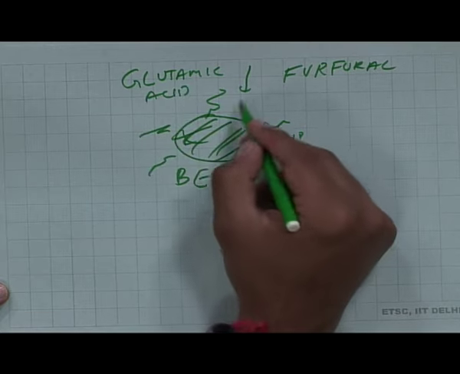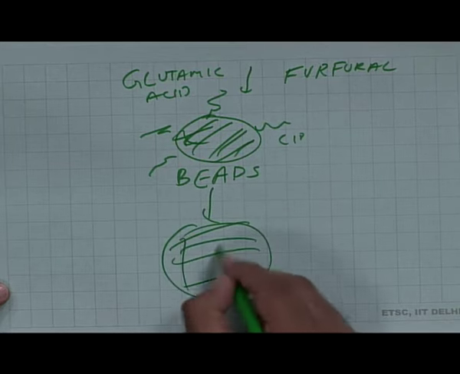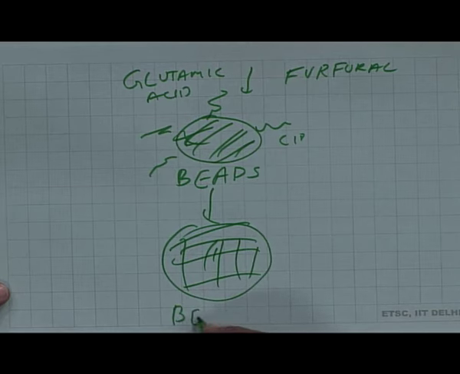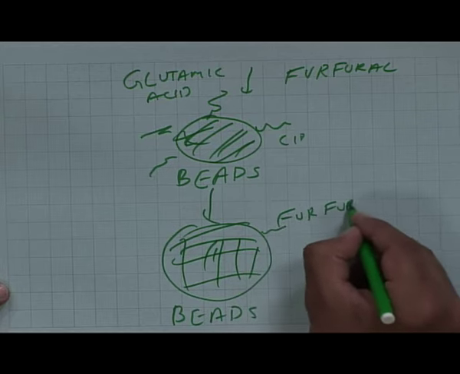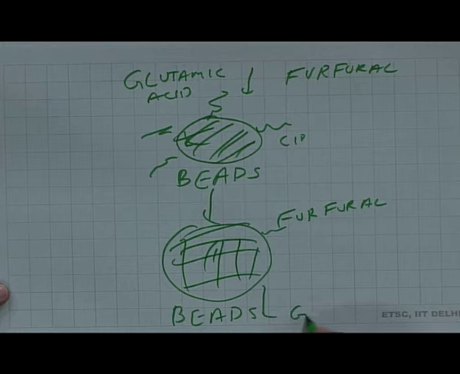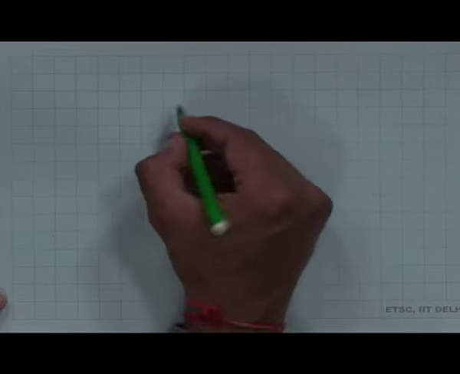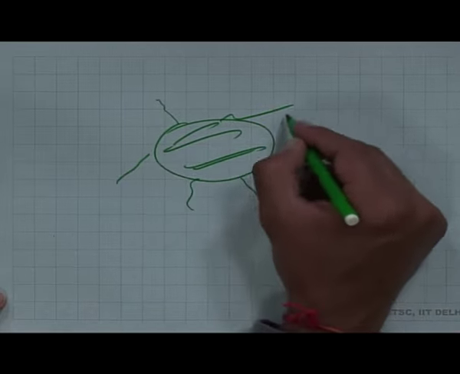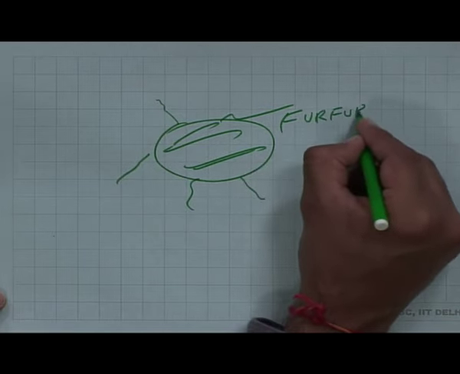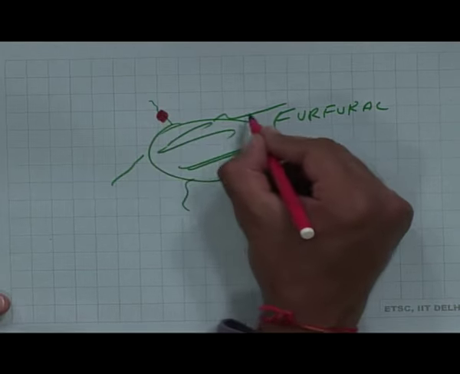When both of them are added, what happens is that you have a bead, and your furfural remains here while your glutamic acid passes through. Okay. So, now what you have is a bead with furfural attached. So, how that will look is like this. Let us say red is the furfural molecule.